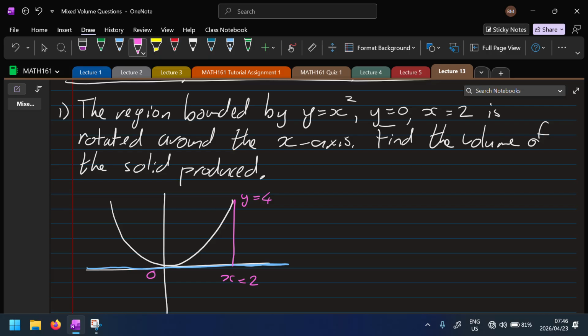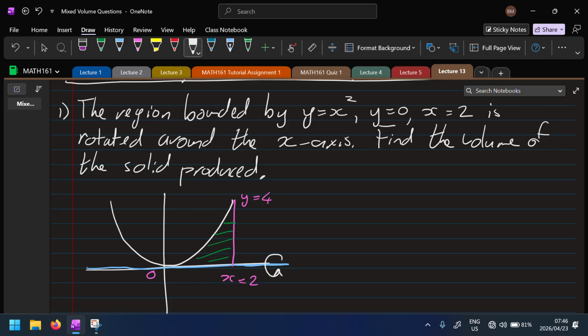Okay, and we know we start there at 0. So we've got all the numbers that we might need. That means this is our bounded region. Okay, it's in between all three curves there. And we want to rotate around the x-axis. So let's do a little arrow there to show we're rotating around that axis.